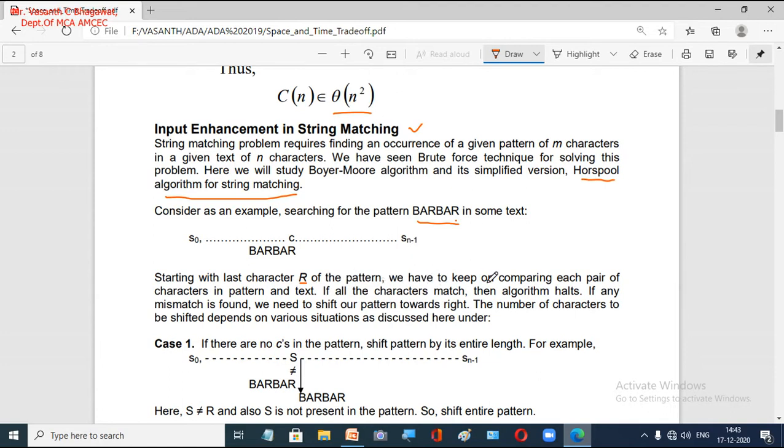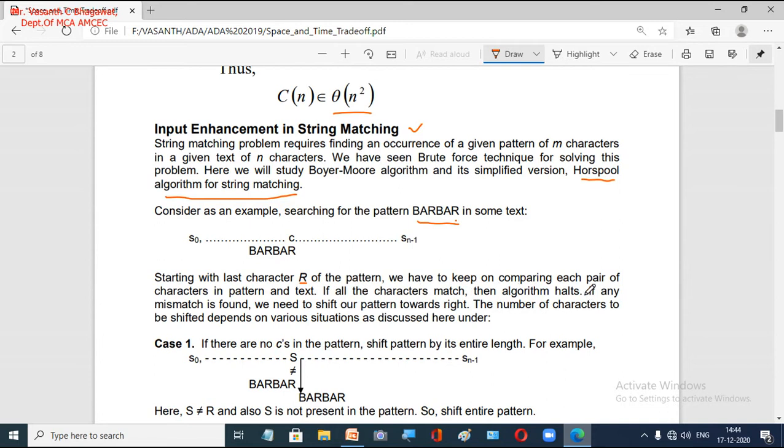We keep comparing each pair of characters in the pattern and text. Let us say this is our text on top, C is the character, and in the pattern the last character is R. Now you compare R and C. If all the characters match, then the algorithm halts.